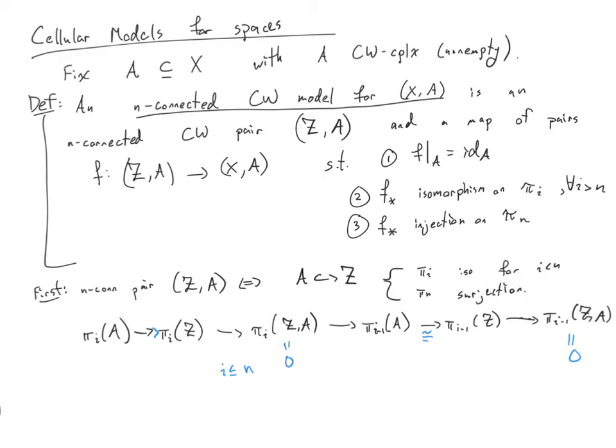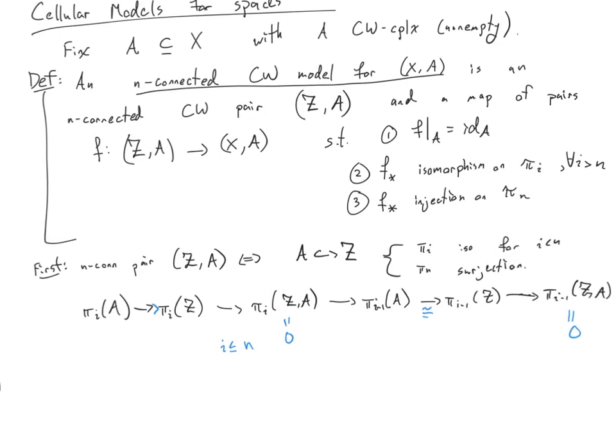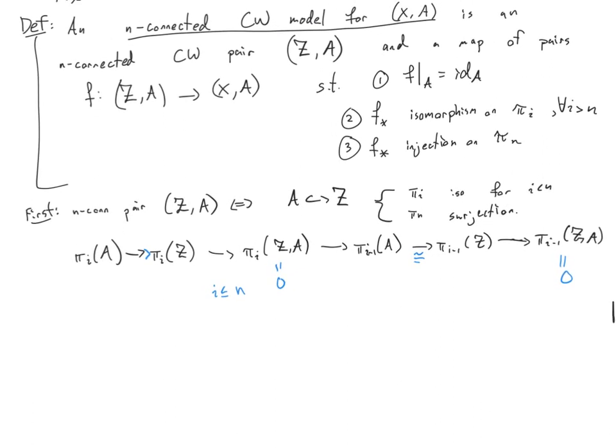And let's look at a couple examples. The thing I want to do is try to unpack what this means when n is small and when n is large. So the smallest an n-connected CW pair can be is 1-connected, because pi 1 is a set. So let's start with that example, n equals 1.